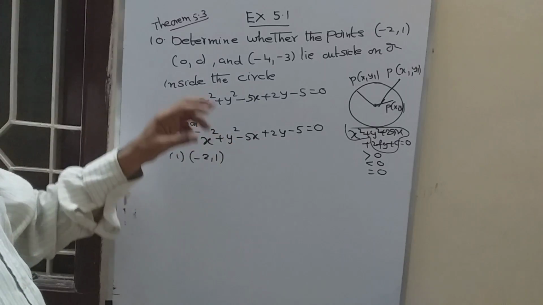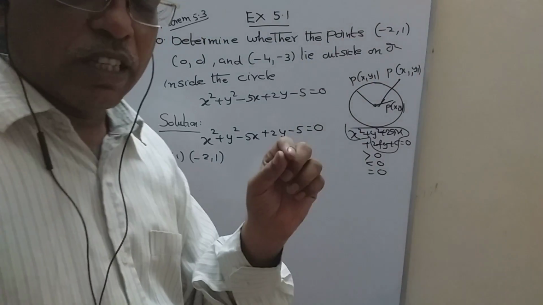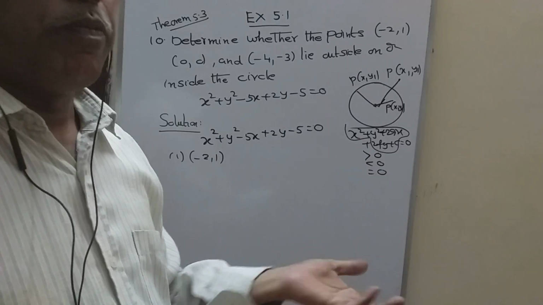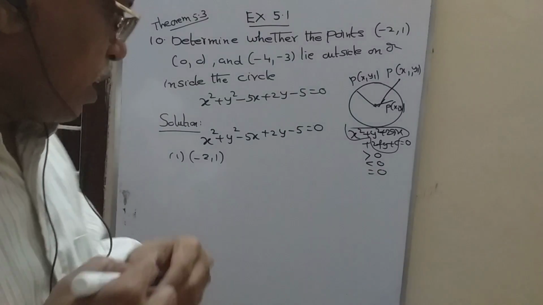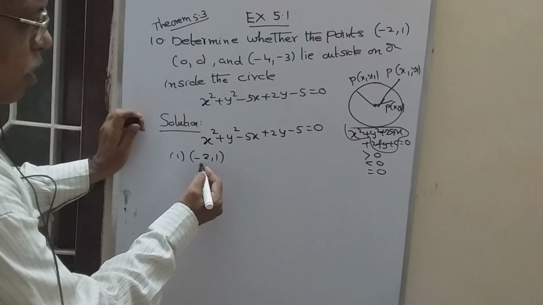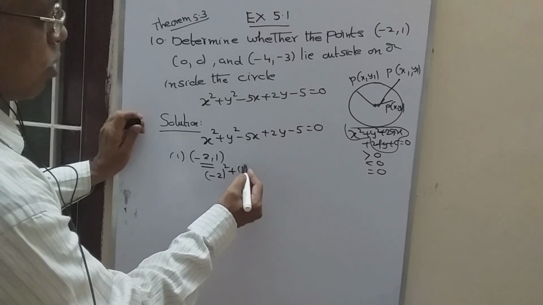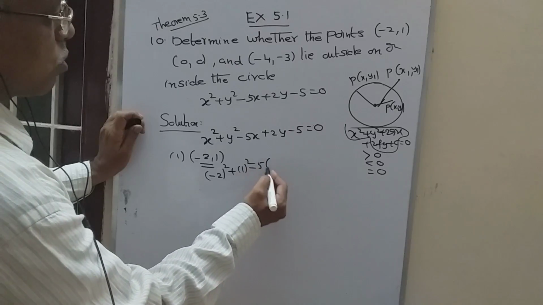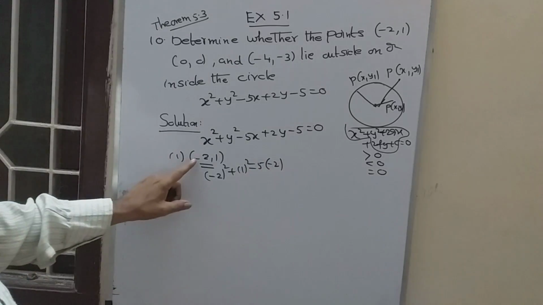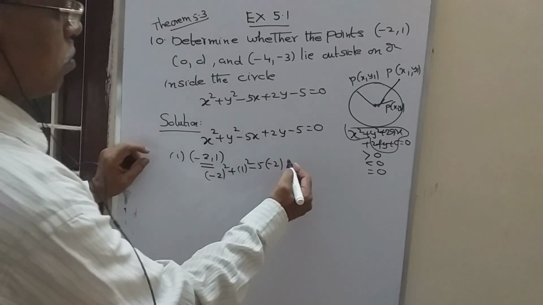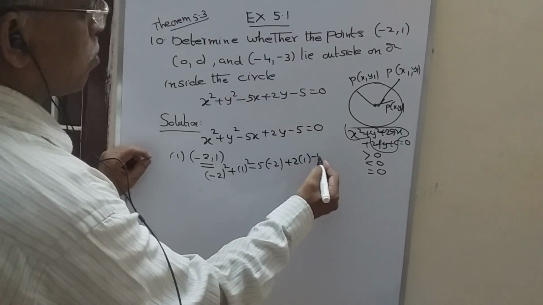First we will check whether (-2, 1) lies outside, inside, or on the circle. Directly we substitute this point: minus 2 the whole square plus 1 the whole square minus 5 into minus 2, because x value is minus 2, y value is 1, plus 2 into 1 minus 5.